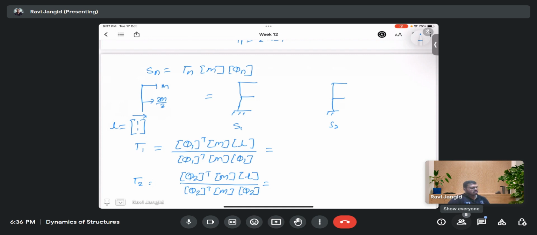Okay, so phi 1 transpose was 1.041, 1, times the mass matrix 2 by 3 m, 0, 0, m, times 1, 1.